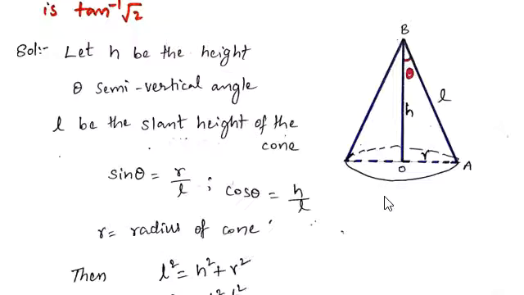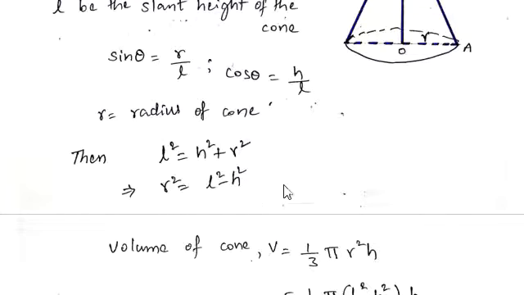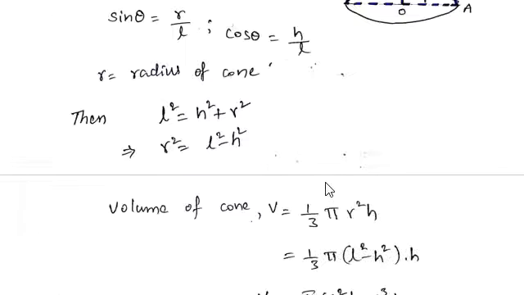From the simple Pythagoras theorem, L square is equal to h square plus R square, hypotenuse square is equal to side square plus side square. So from that we can write R square is equal to L square minus h square. Why we have written this, we'll see in the next step.